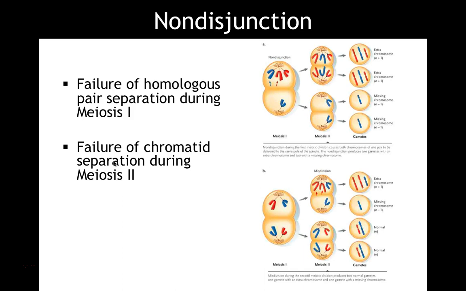And we can see rapid change occur when we have sudden, unexpected combinations of chromosomes. In the first week of class, we talked about how that can occur through failures of homologous pair separation in meiosis 1, or chromatid separation during meiosis 2, ending up with gametes that have more or fewer than the expected number of chromosomes.